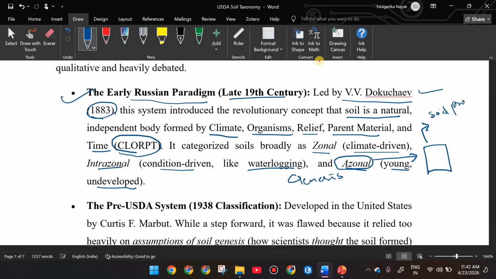Here one question is, what is a soil profile? I hope many of you already know, but let me tell you again.